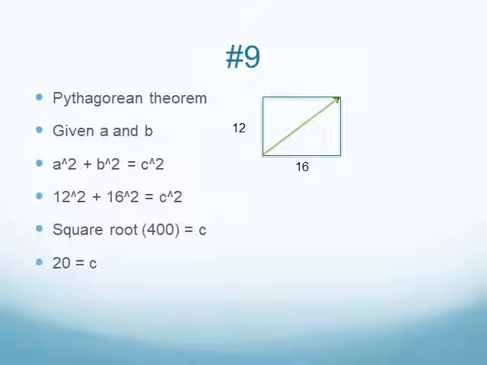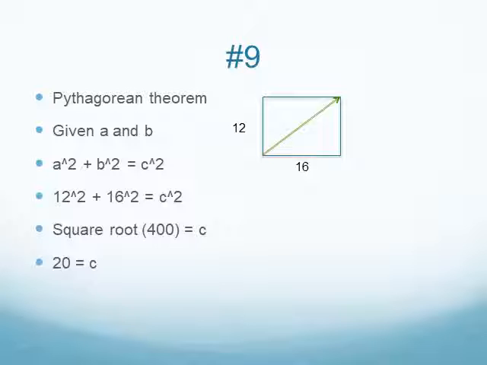So I wrote the Pythagorean theorem here, A squared plus B squared equals C squared. That's the third dot. And then I filled in our A and B: 12 squared plus 16 squared equals C squared. I left it as C squared because we don't know what it is yet.